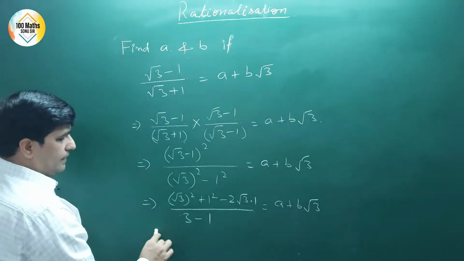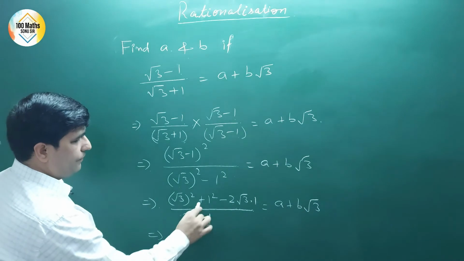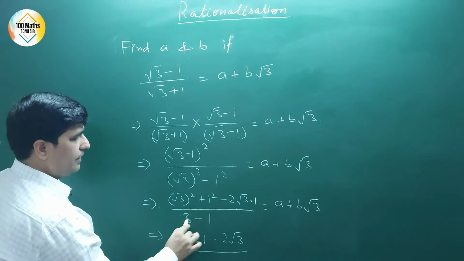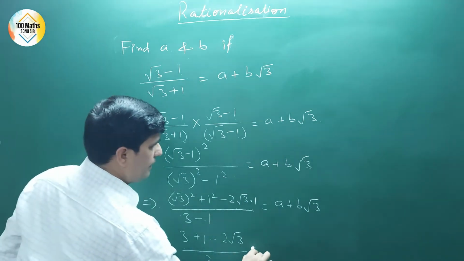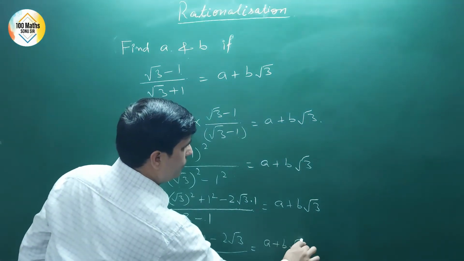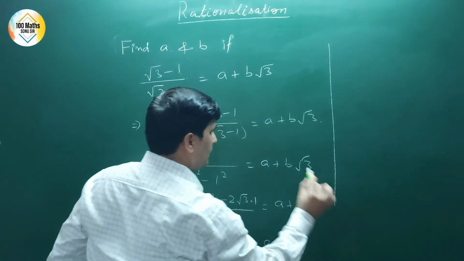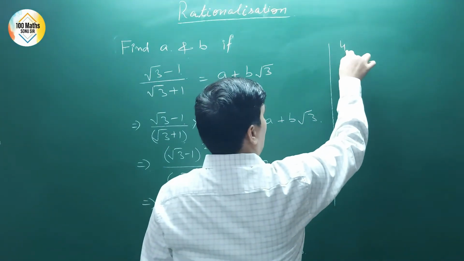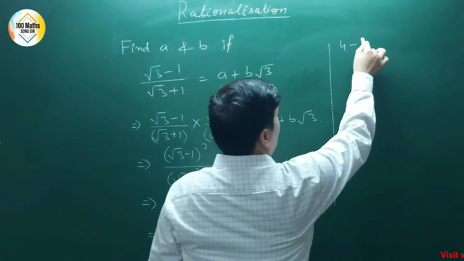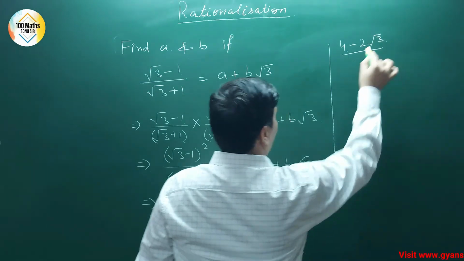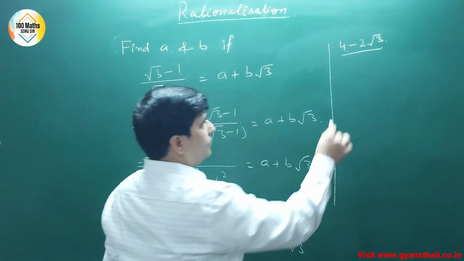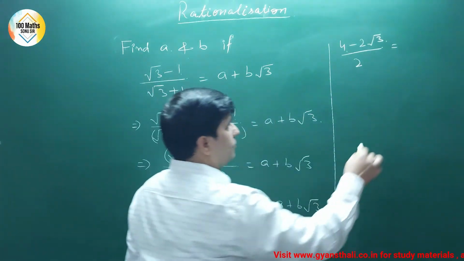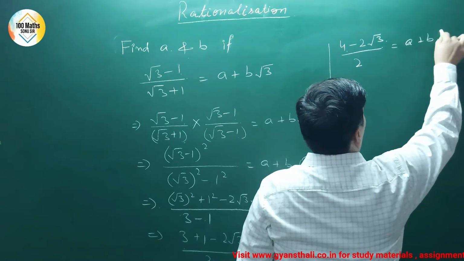Now root 3 square is 3, this is 1, and this is minus 2 root 3, divided by 3 minus 1 which is 2. So 3 plus 1 is 4, minus 2 root 3, divided by 2, and the right hand side is a plus b root 3.